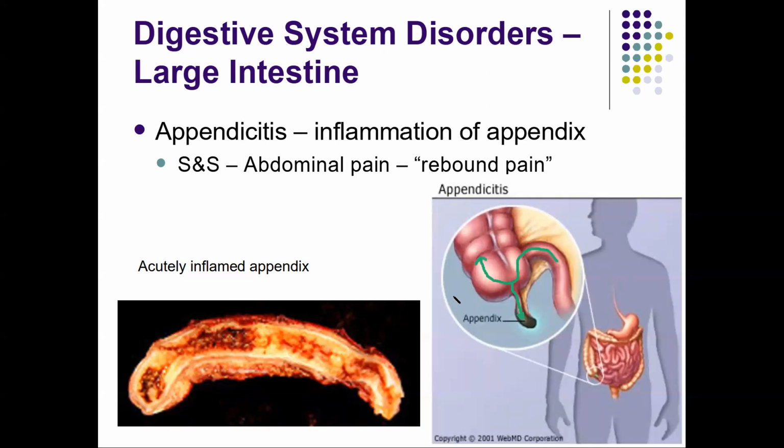What used to happen in the past is that somebody with appendicitis would come in, and they'd cut off the appendix, sew up the end of the cecum and send you home. But now that we know the appendix is a part of your lymphatic system, which is a part of your immune system, you're not supposed to do that anymore. What you're supposed to do is cut it open, clean it out, put antibiotics in there, sew it back up, and give the patients antibiotics for a couple of weeks so that it will heal up nicely, right?